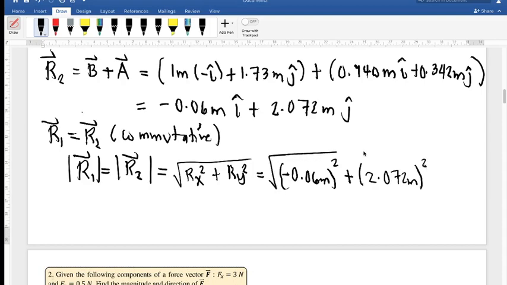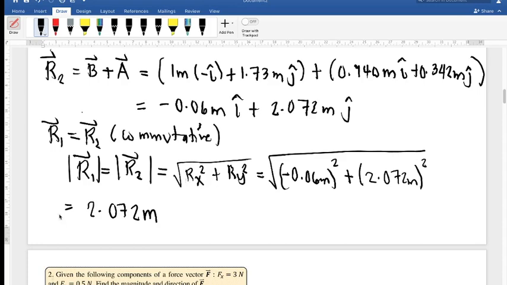Then taking the square root, how much is the magnitude of the resultant? So we have 2.072 meters. Okay, so do not forget the unit.